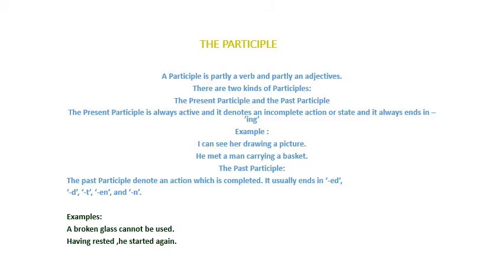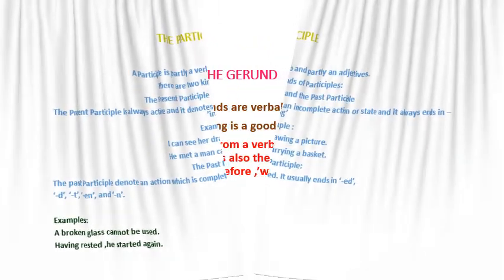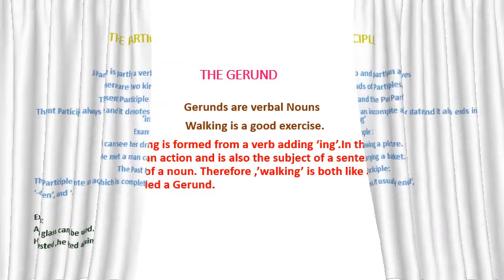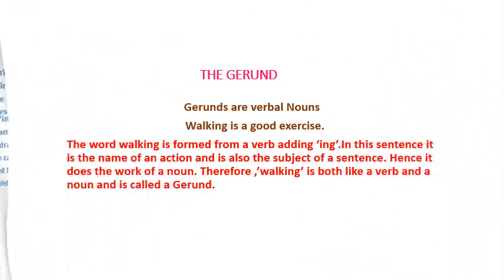The gerund. Gerunds are verbal nouns. Taking an example, walking is a good exercise. The word walking is formed from a verb adding ing.